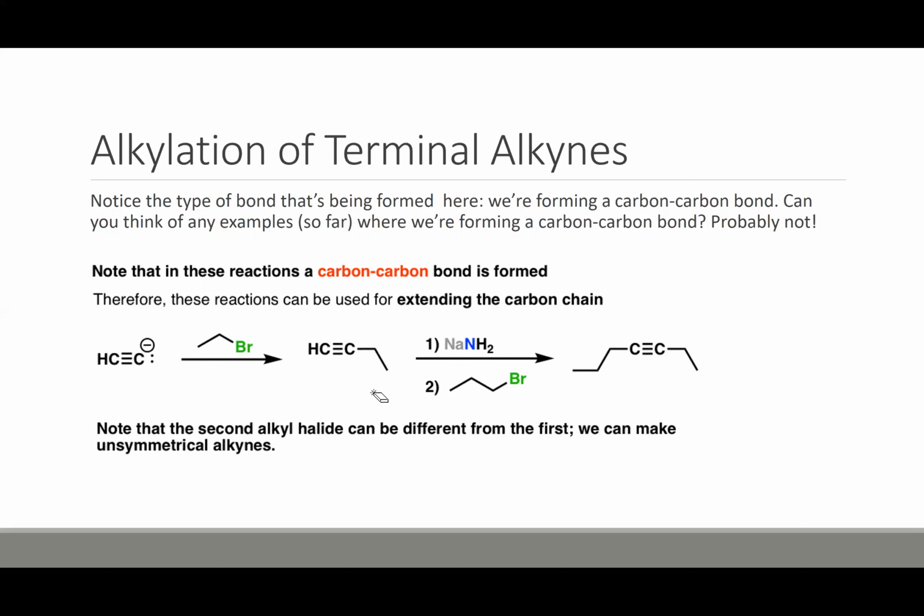These reactions are very important because we can extend carbon chains. They help us synthetically. There are other reactions that you will get to later in Orgo 2, but they're very limited as far as the types of reactions that do this carbon-carbon bond formation. So this is one of a few reactions that let you extend the carbon chain.